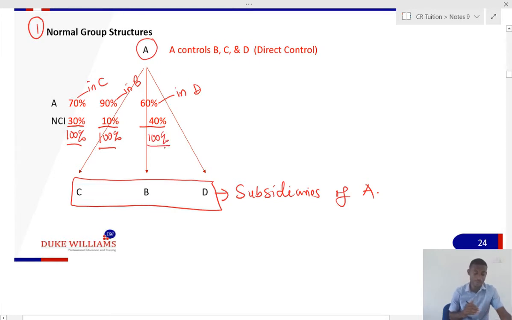So this is a normal group structure where we have entity A having more than one subsidiary, and at this level in the exam we'll be given more than one subsidiary, so we can have 2 or 3 subsidiaries, and we should learn how to consolidate these subsidiaries into the group account.